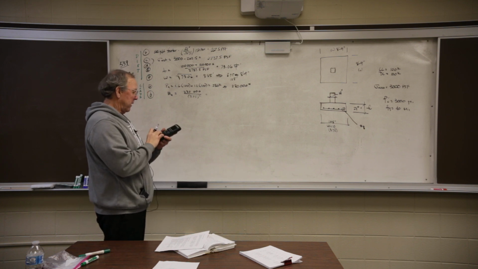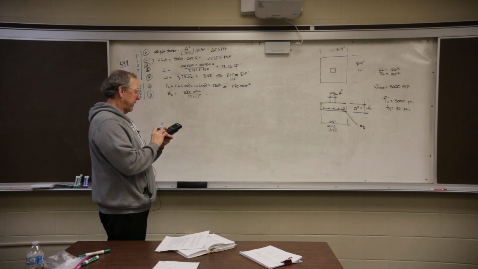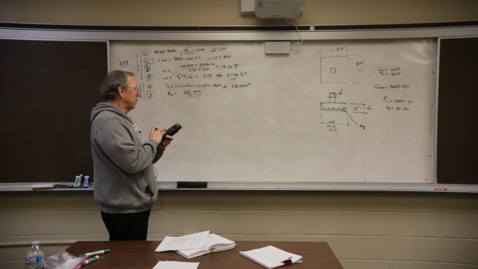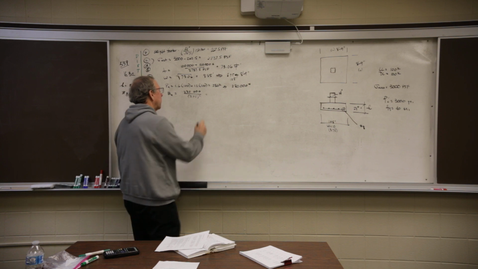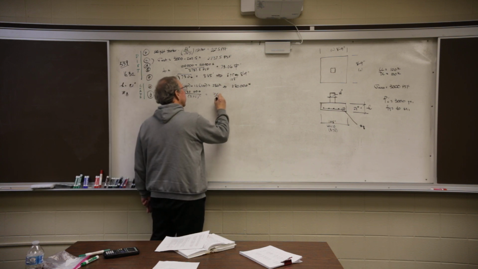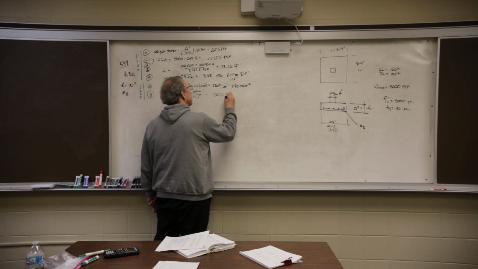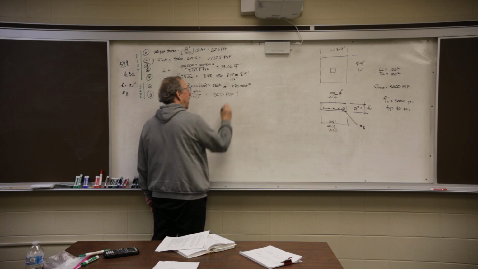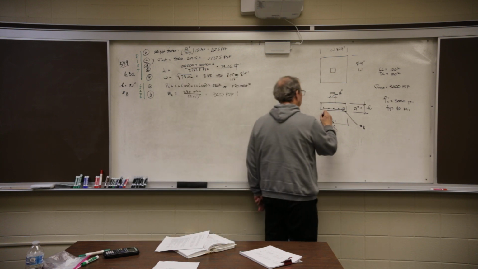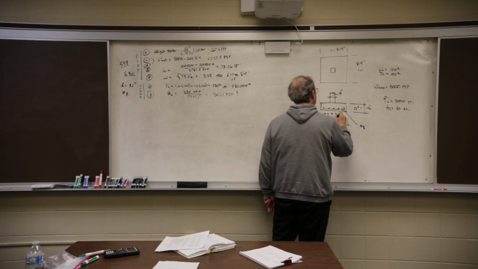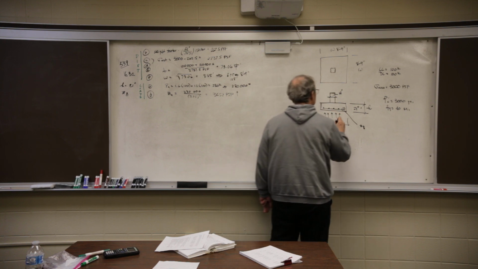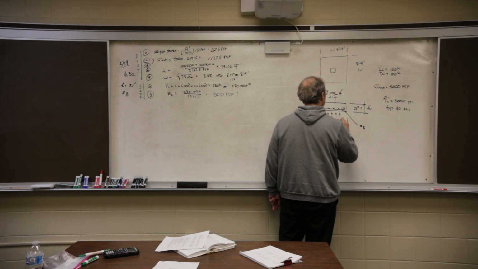So I'm going to take 280,000 and divide it by 8.75 squared. And I get 3657. 3,657 pounds per square foot pushing up. So underneath here, pushing up is 3,657 pounds per square foot.